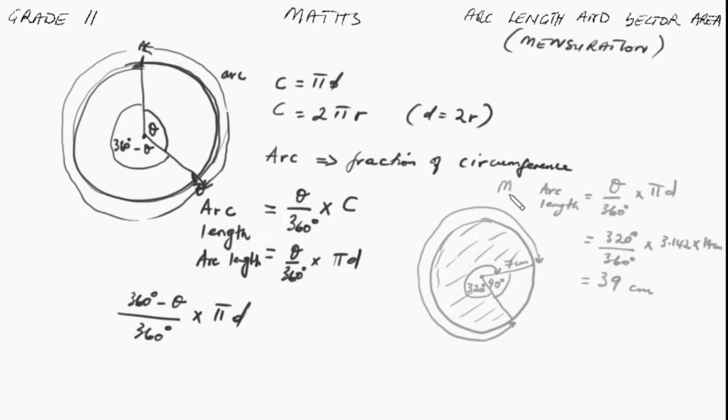Okay, major arc length. What about the minor arc length? The minor arc length would be this arc here, from here to here.